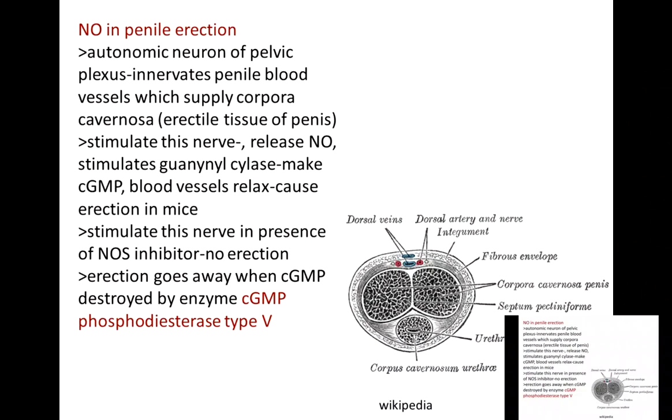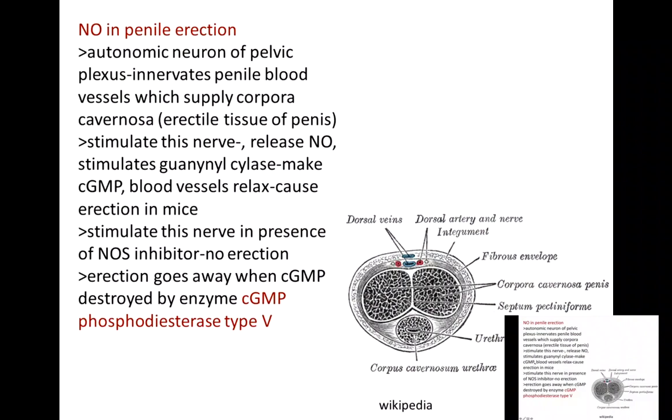For the erection to go away, you destroy that cyclic GMP. And if you stimulate the nerve and there's no nitric oxide that is allowed to be made because you're using a nitric oxide inhibitor, you get no erection. So you need nitric oxide as a signal for the erection to happen. So the erection goes away when cyclic GMP is destroyed.